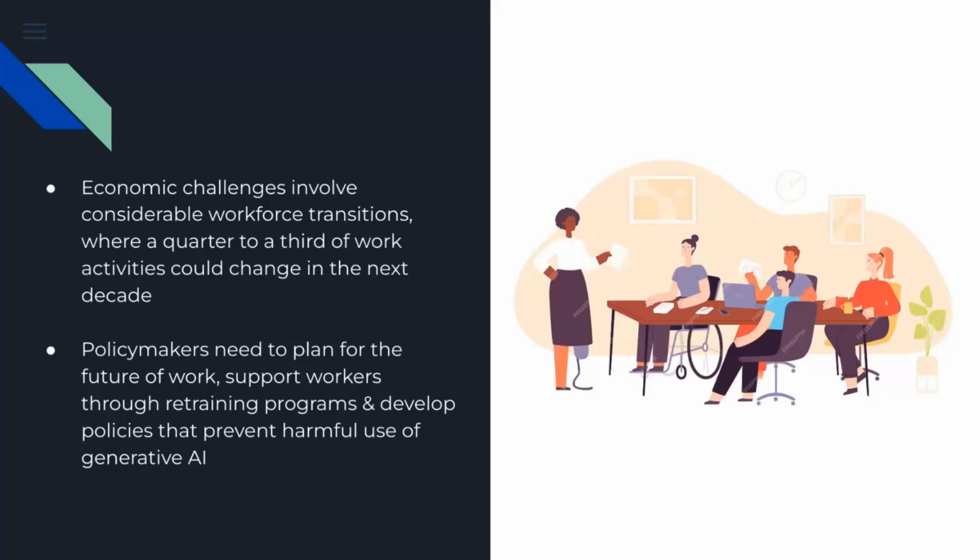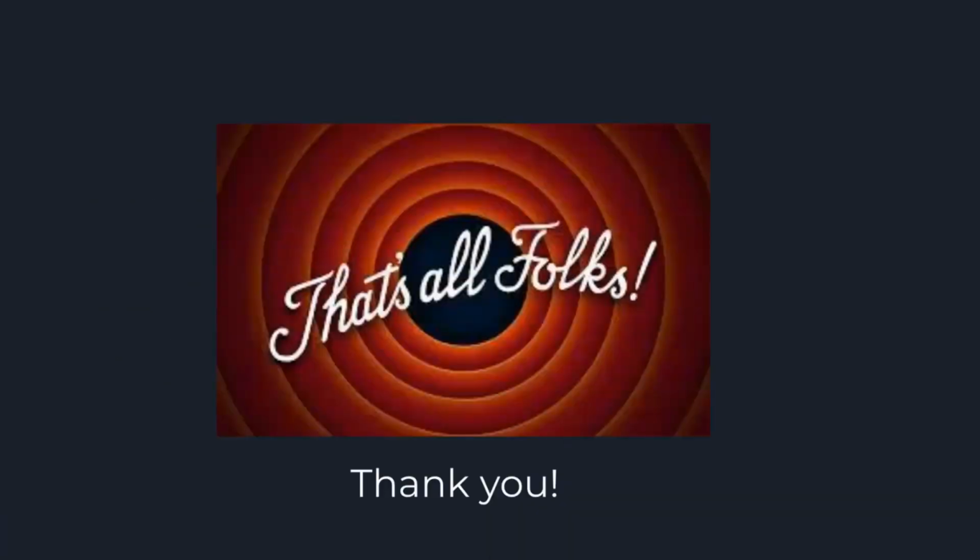And of course, the policymakers and people in big companies who call the shots should have programs, because those companies are generally very rich. Policymakers have a lot of funding from the government, so they should make good use of it to help these individuals retrain themselves and put policies in place to prevent the harmful use of generative AI. So I think that's pretty much it from my end.